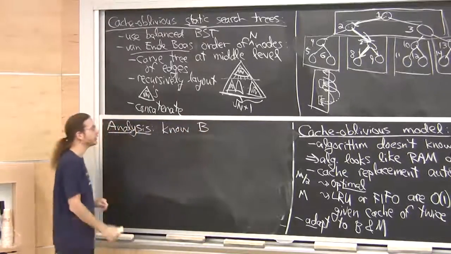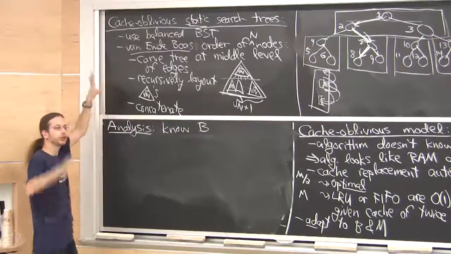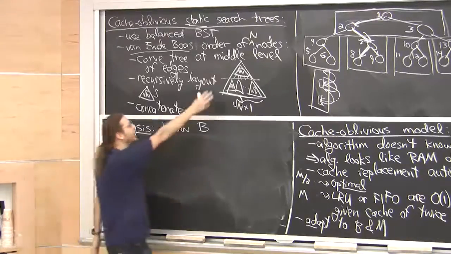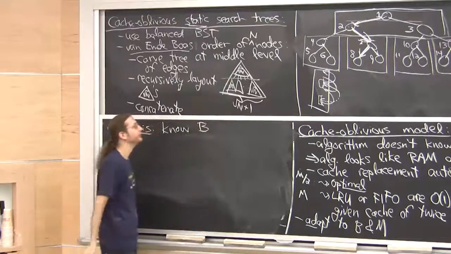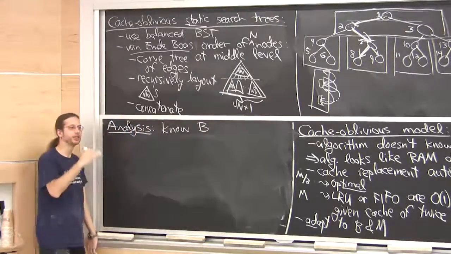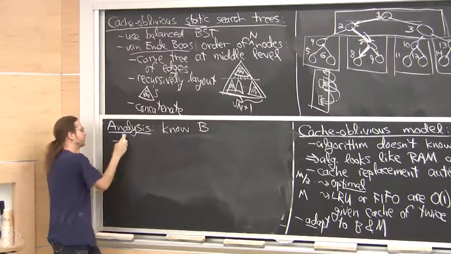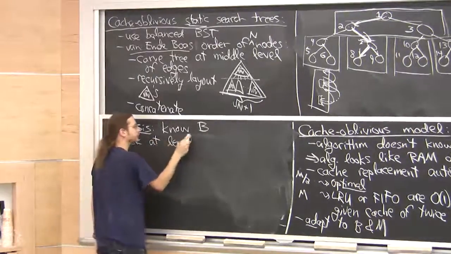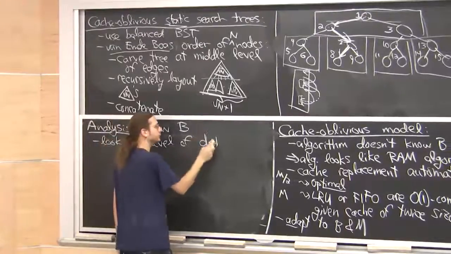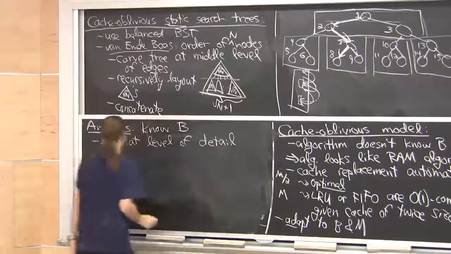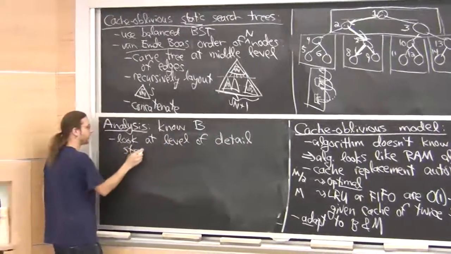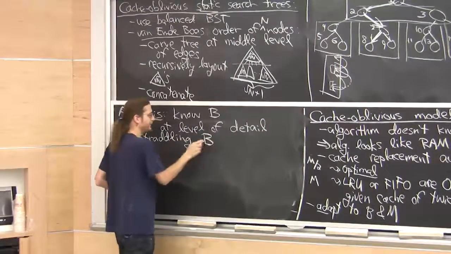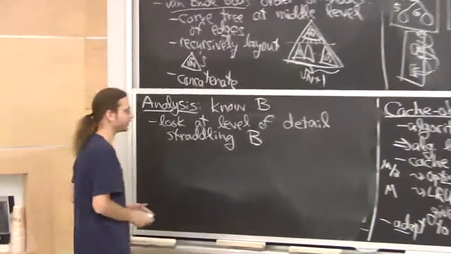So while the algorithm recurses all the way down, keeps dividing these blocks into smaller and smaller pieces, we're going to look at a particular level of that recursion. I'm going to call that a level of detail straddling B. So my picture is going to be the following.